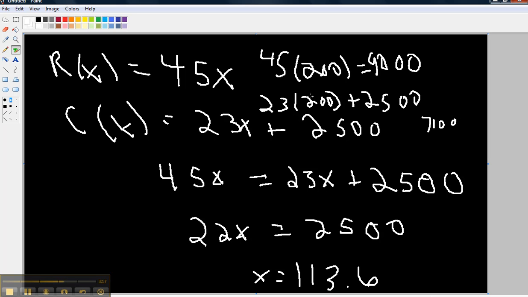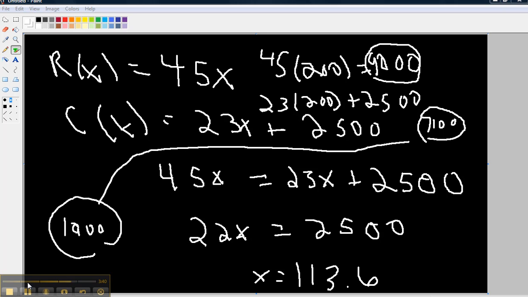This is how much it's going to cost me to produce 200 items. 7,100 is the cost, and 9,000 is the revenue. Now you're just going to subtract 9,000 minus 7,100, which is 1,900. So after 200 items are produced, my profit would be $1,900.